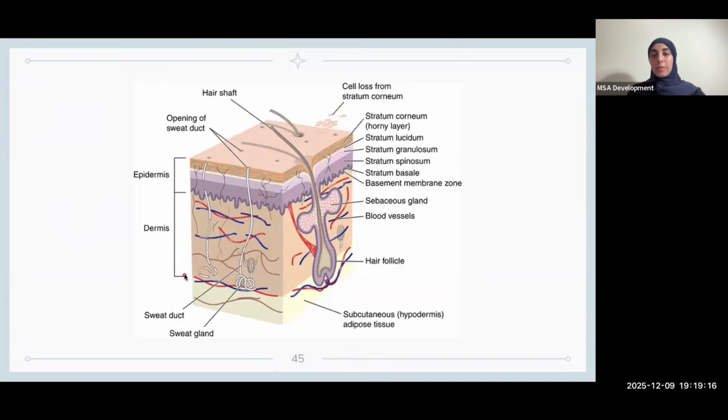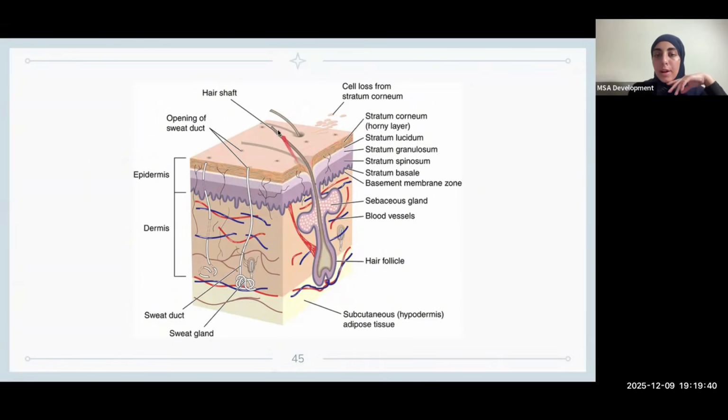And before we do all that, let's go over the basic structure of the skin, which you guys should already know. This is skin. Down here, we have the subcutaneous fat, and then this is the dermis. Up here is the epidermis, and the uppermost layer of the epidermis is the stratum corneum, made of all the dead keratinocytes.